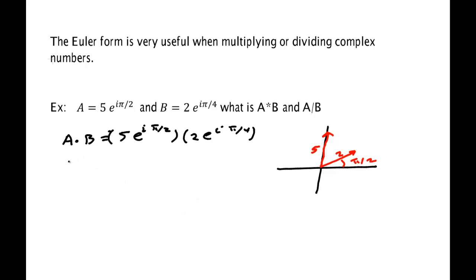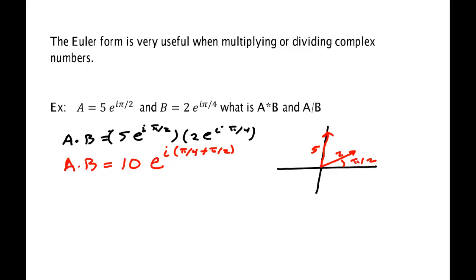And what do we get? We get 5 times 2 is 10. But when you multiply e to the i pi over 2 and e to the i pi over 4, that's just adding exponents. So this is pi over 4 plus pi over 2.